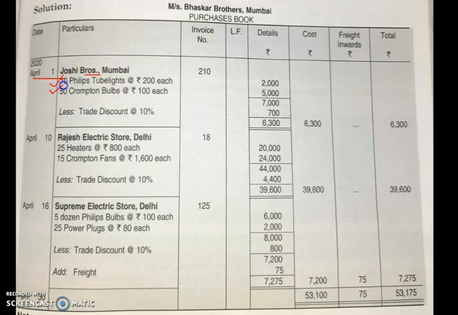You have a list of things you have purchased from it. It is all given in the question. Just copy it. As per the format, you have to put the amount in detail columns and the discount allowed to him. So on 7,000 you will show this 10% and you will get 700, and the final amount after deducting this discount is 6,300, that you will show in the cost.